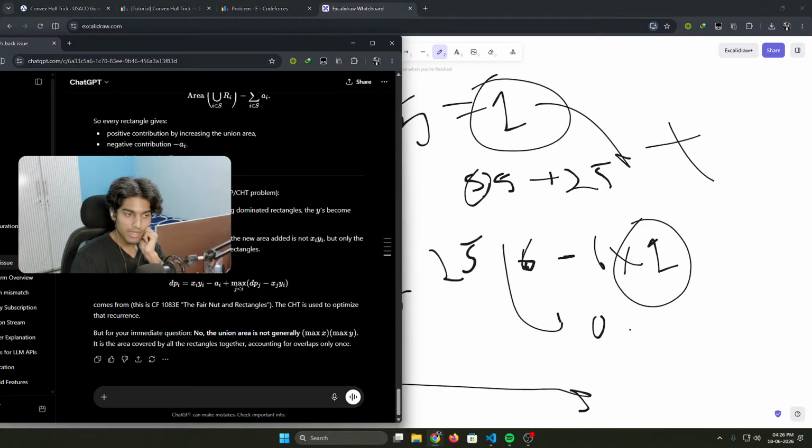If you sort rectangles by X, then after removing dominated rectangles, y becomes decreasing.